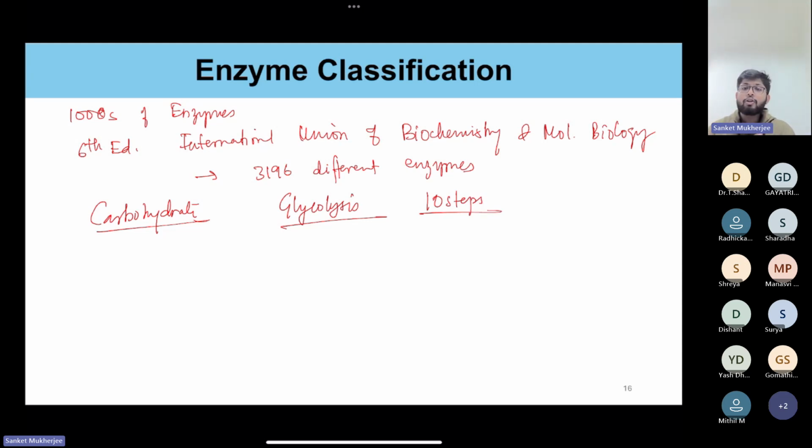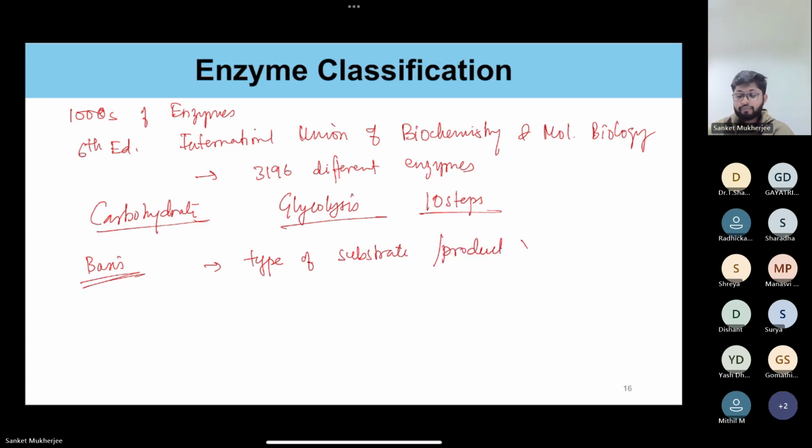Fine. And it is not possible to study each and every enzyme by itself. There are so many enzymes. That's why classification is very necessary. So how are enzymes classified? Very simply, the first basis was to classify them on the type of substrate, or the product that they produce, any of them.